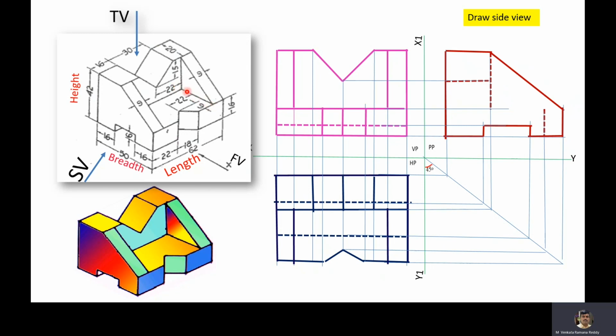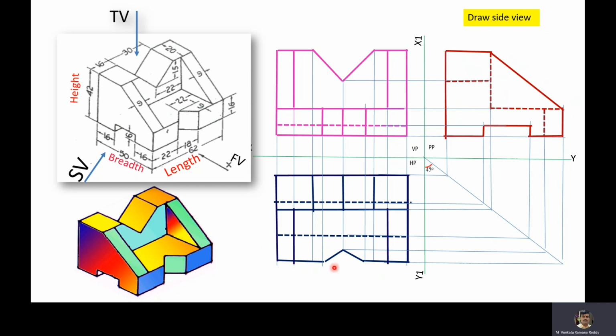How much breadth is it? It is 50 minus 20, that is 30 mm. That is, this line is dotted, this line is dotted, even this V groove line is dotted, this V groove line is dotted. Then drawing the side view is completed.